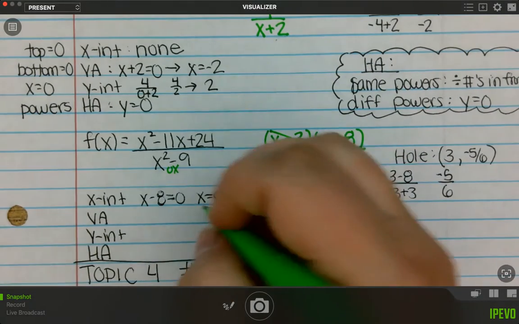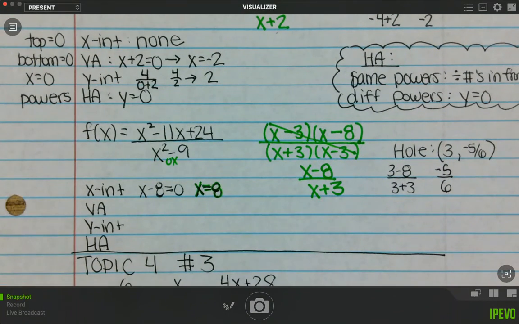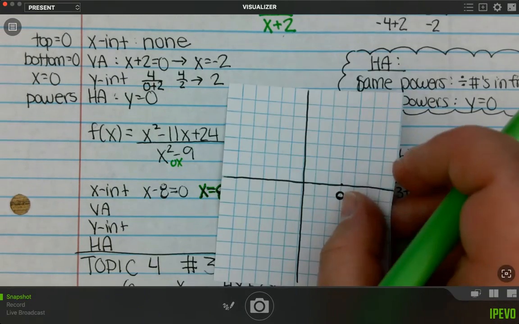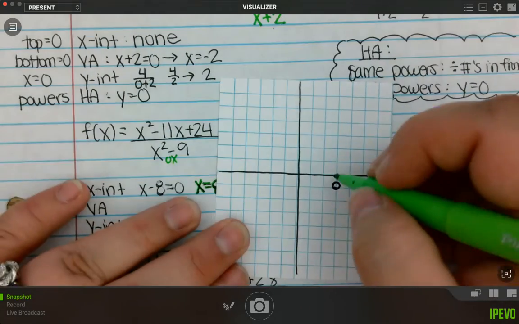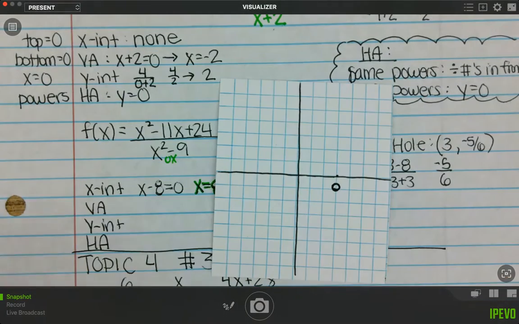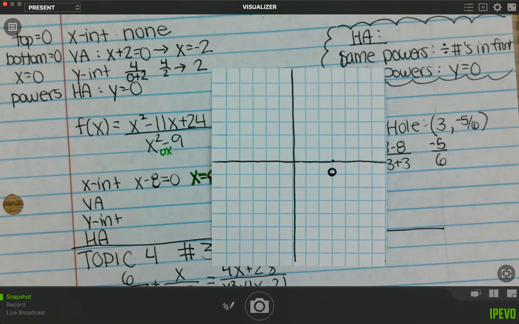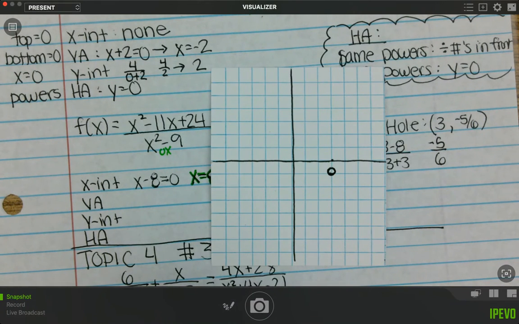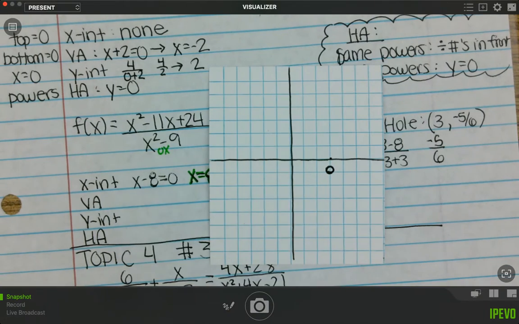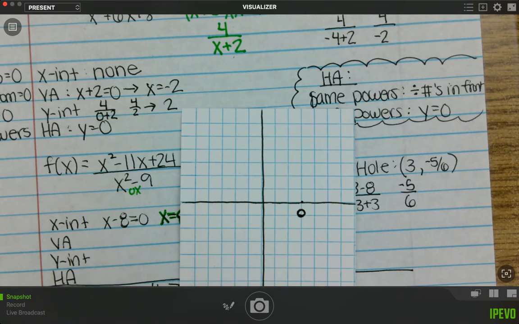And I'm going to switch pens because it looks like this one's dying a little bit. Okay, so then I'm going to put my x-intercept at 8. And 3, 4, 5, 6, 7, 8 is a little bit off of my graph, so what I'm going to do is draw a new one that is a little bit more scooched over so that I can actually fit it on there.